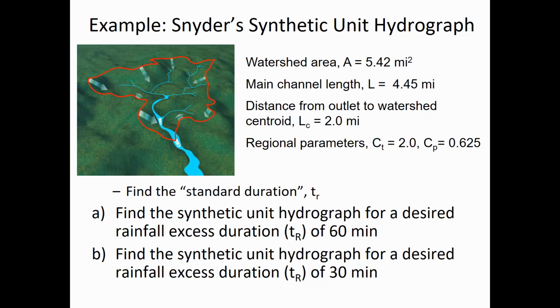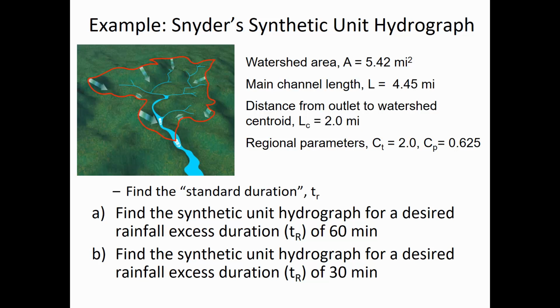Now I'm kind of jumping ahead. What I'm looking at here, you see in part B, it's saying find the synthetic unit hydrograph for a desired rainfall excess duration of 30 minutes. The desired duration, like if we wanted it for an hour, we'd put in 1 for this T sub capital R. If we wanted it to be for 30 minutes, then the desired duration is what we're substituting in there.